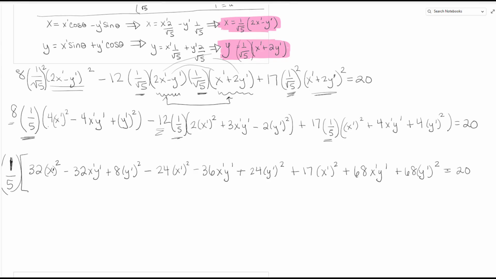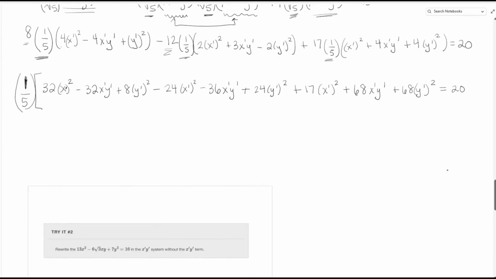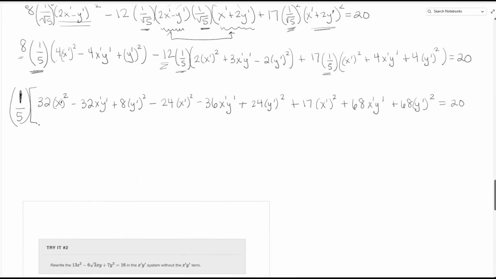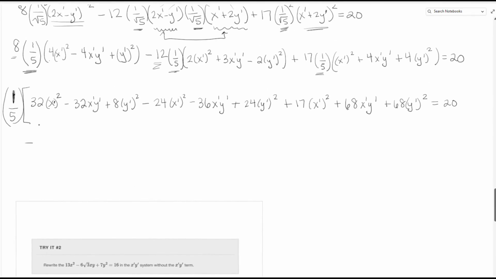equals 20. All right, let's see if we got some stuff that we can combine. We have a 1/5 out front.